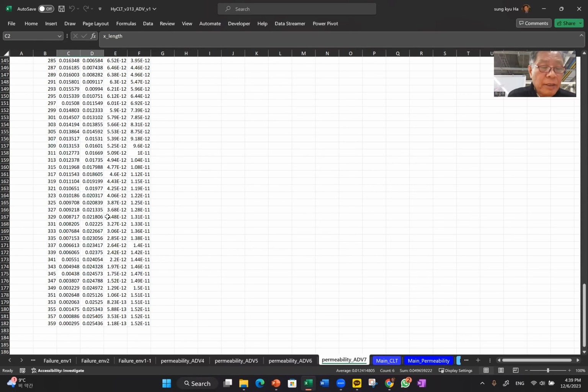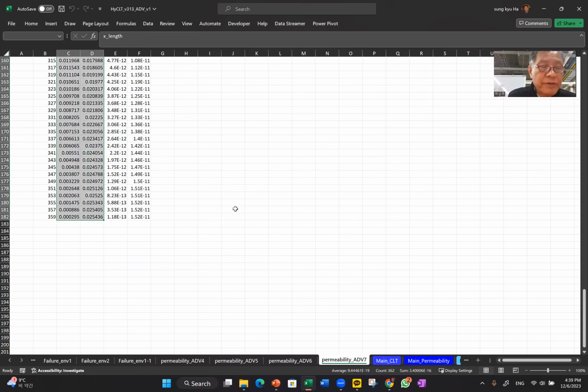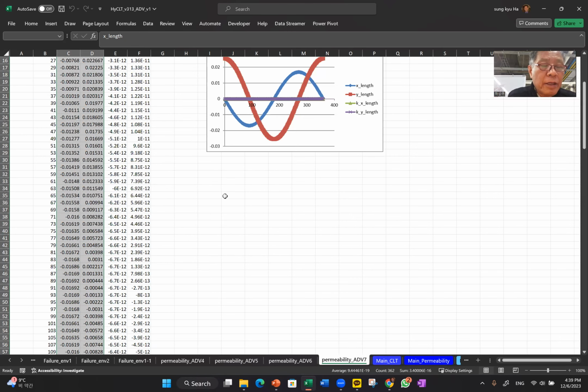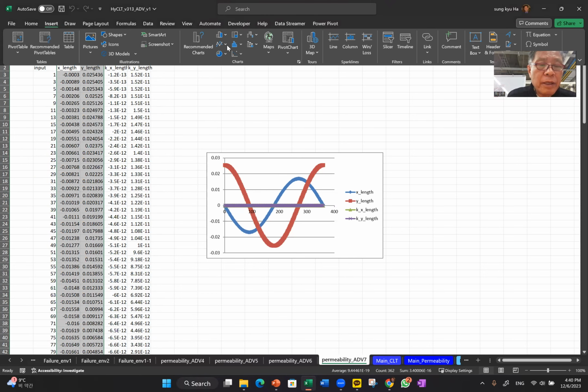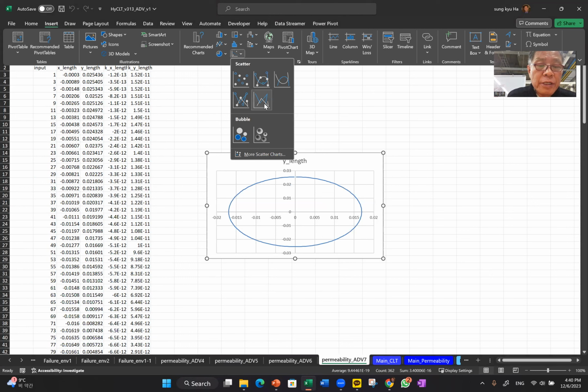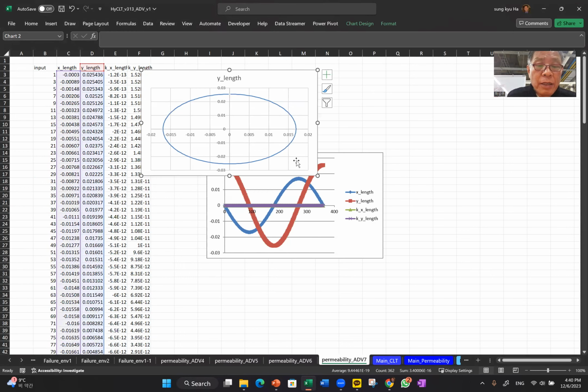But very importantly, by observing this behavior, we better understand the structural behavior.